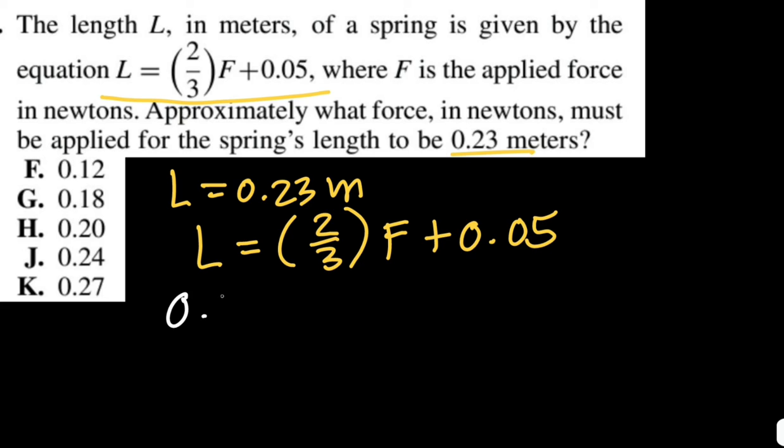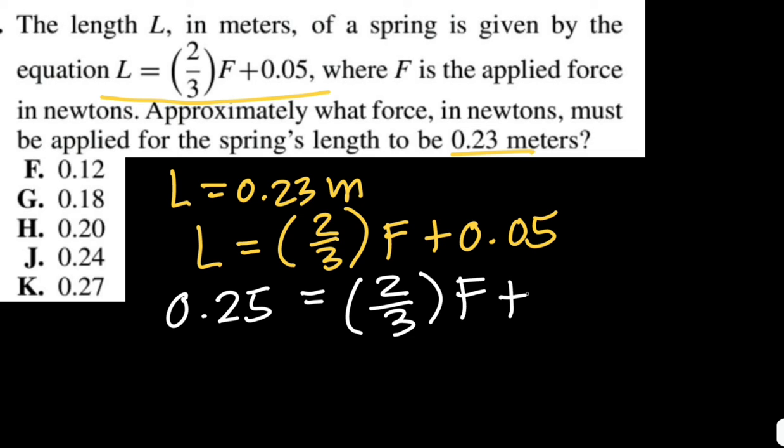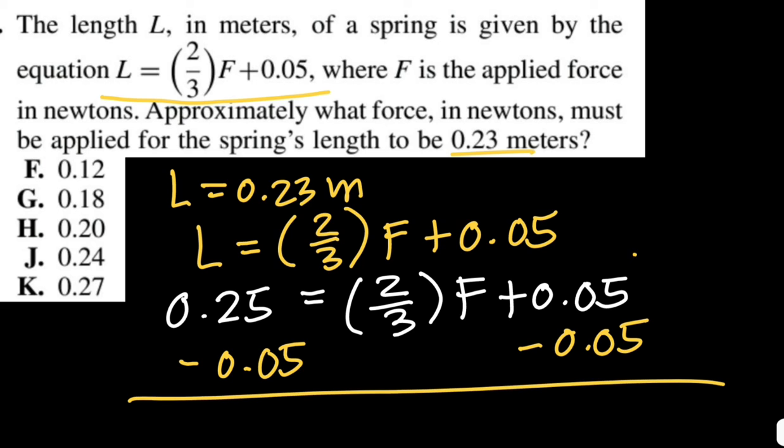So 0.23 equals 2/3 F plus 0.05. Then we subtract 0.05 from both sides. Then this cancels out.